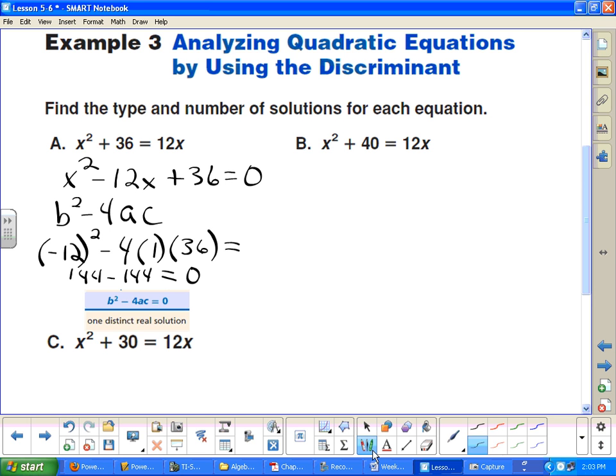Letter B. Move the 12x over again, and do b squared minus 4ac again.